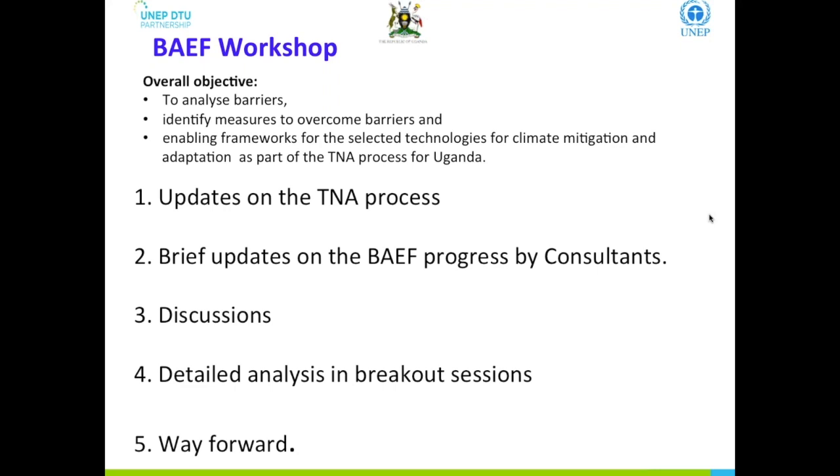So during the workshop, we updated our participants on the processes like I've taken you through above. We also had briefs on the barrier analysis and the progress that the consultants had made, because immediately after identification of these technologies and prioritization, our consultants went ahead to identify all the technologies and the associated barriers.